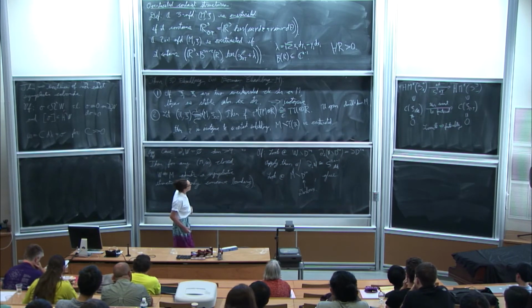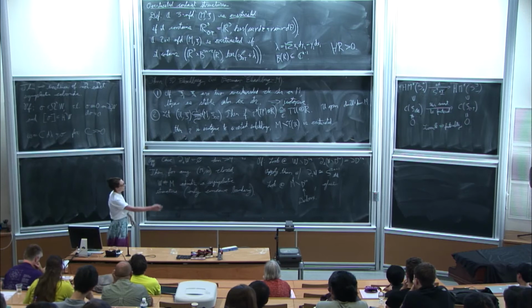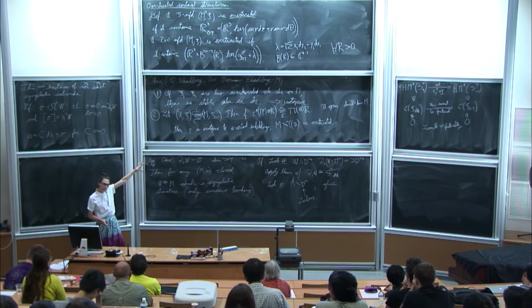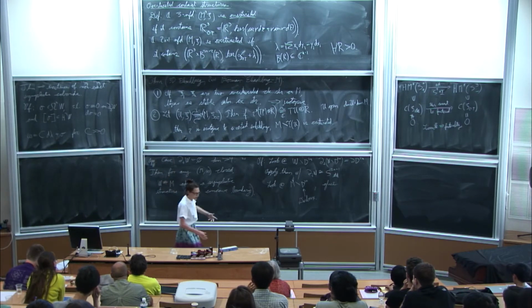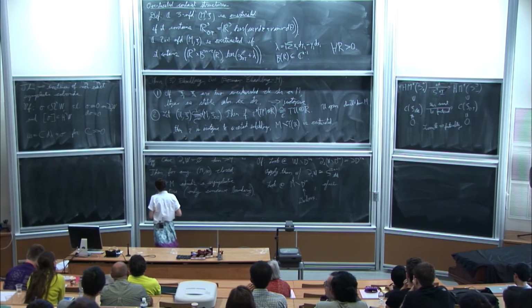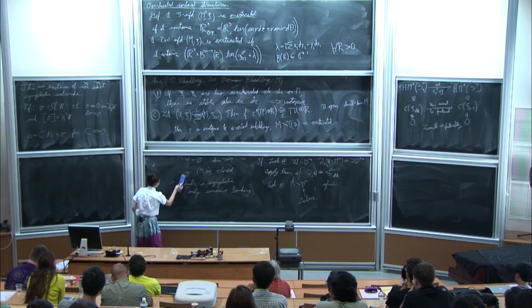So this is essentially saying that as long as it's vaguely possible for me to embed a contact manifold, if the target space is overtwisted, then it is actually possible.